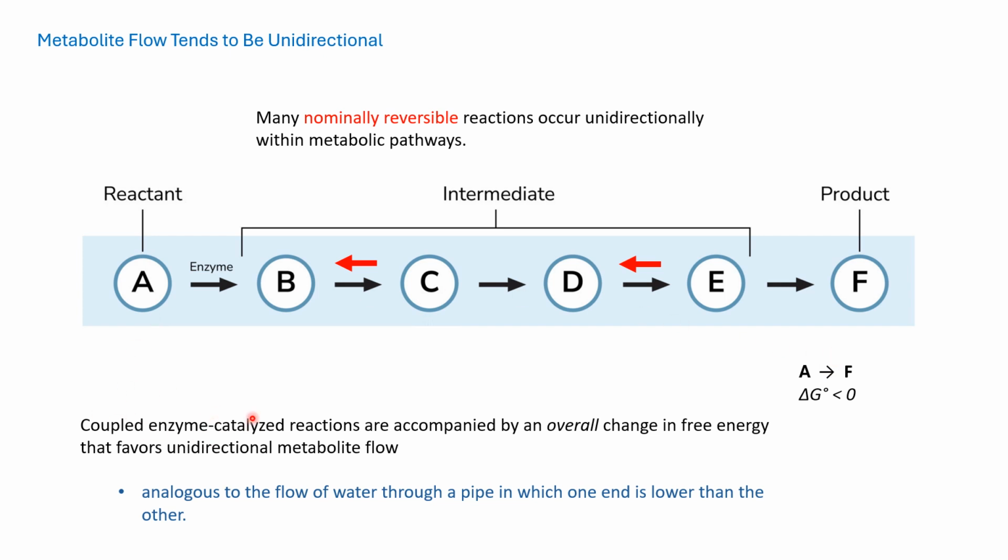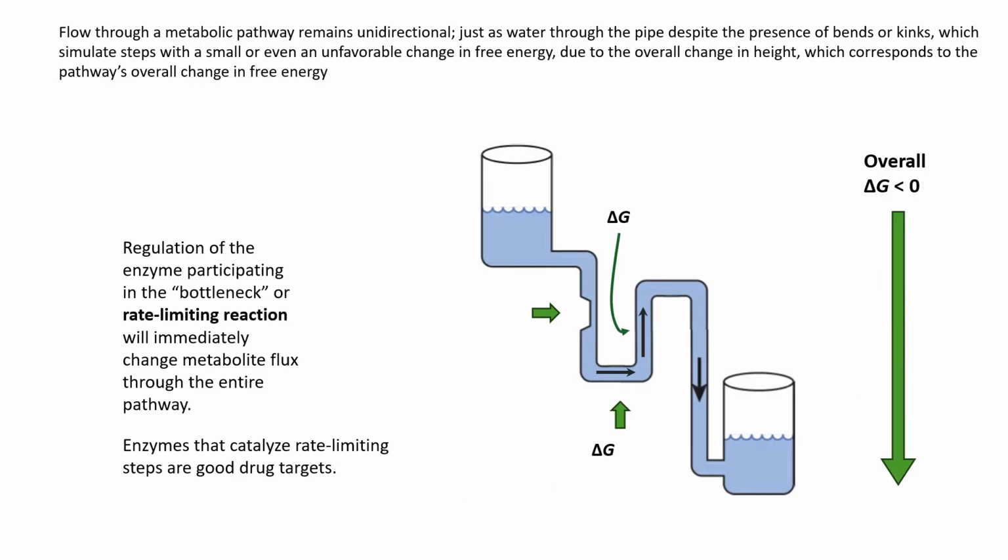So coupling these reactions together enables us to make some thermodynamically unfavorable reactions occur very easily and even very rapidly. And this is analogous to the flow of water in a system of pipes. And I've modified the image in your book here to show more conditions.